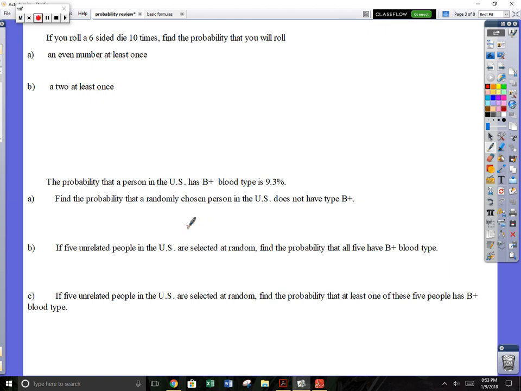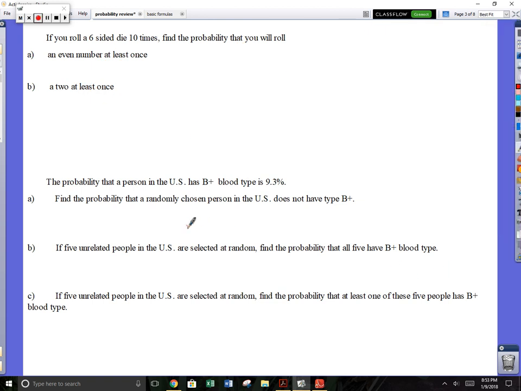Okay, let's look at the blood type. The probability that a person in the US has B positive blood type is just a little bit under 10%. So find the chance that a randomly chosen person in the US does not have it.